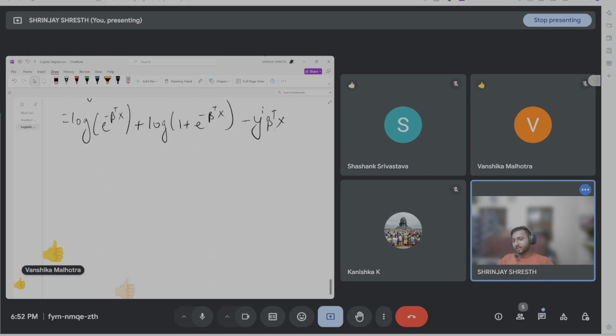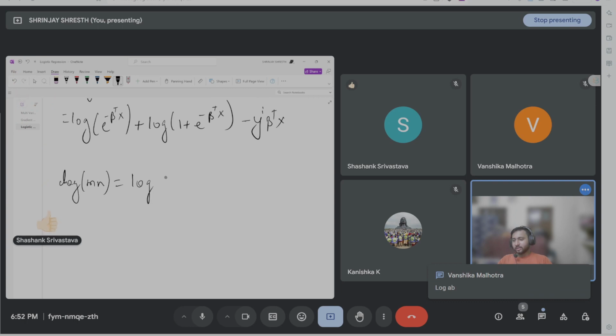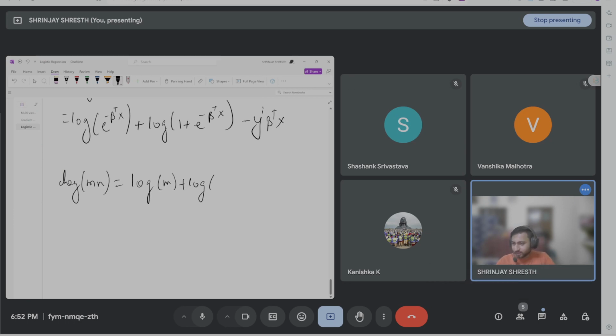For example, there is this property: log mn is equal to log m plus log n. ये प्रॉपर्टी होता है. So we'll use it. So can we club it together? Yes, we can club it together.